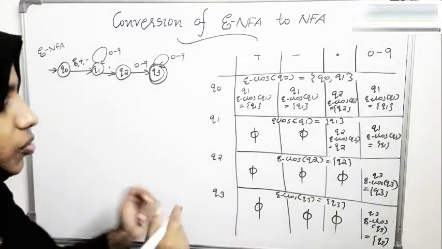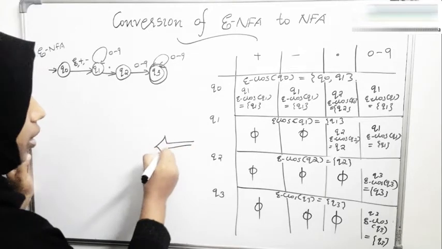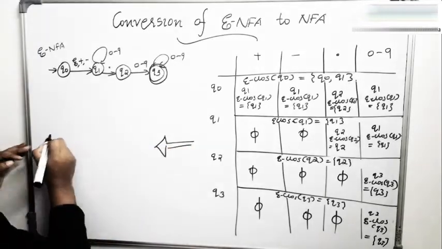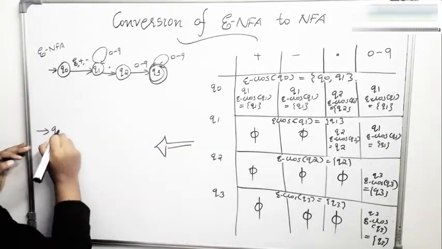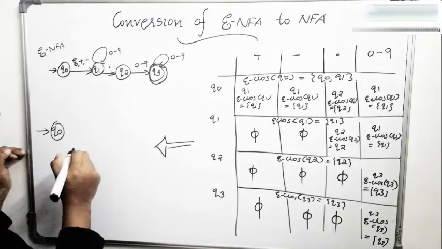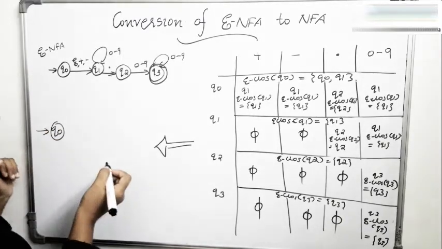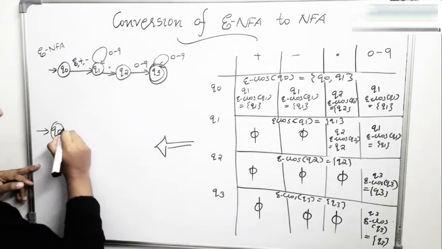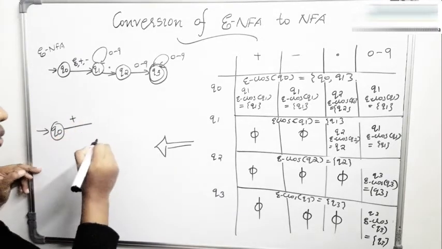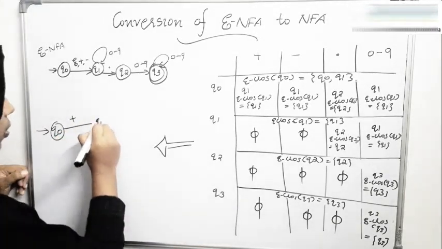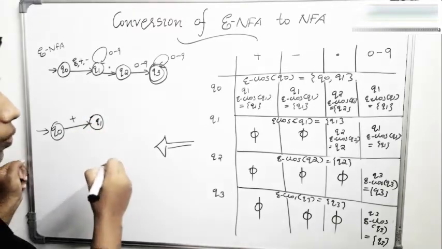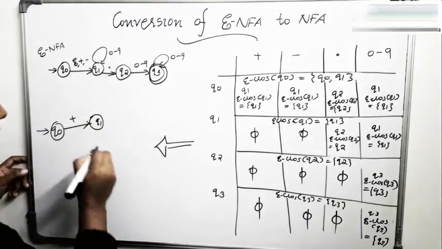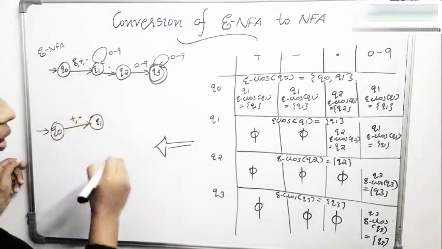Now we will convert this transition table into the corresponding transition diagram. So the states are same as I have told you while discussing the previous example. Q0 is a state. From Q0 on plus you are going to Q1. From Q0 on minus you are going to Q1.